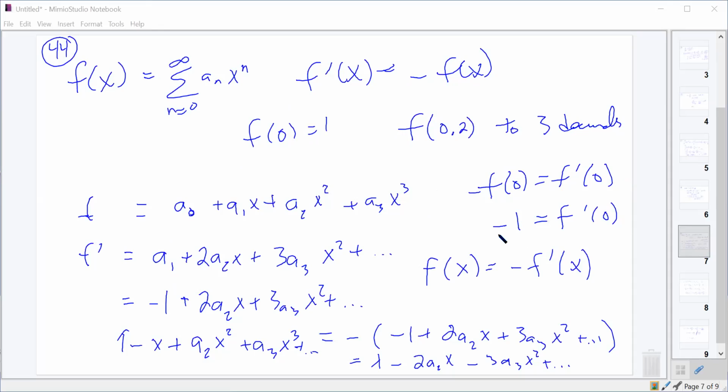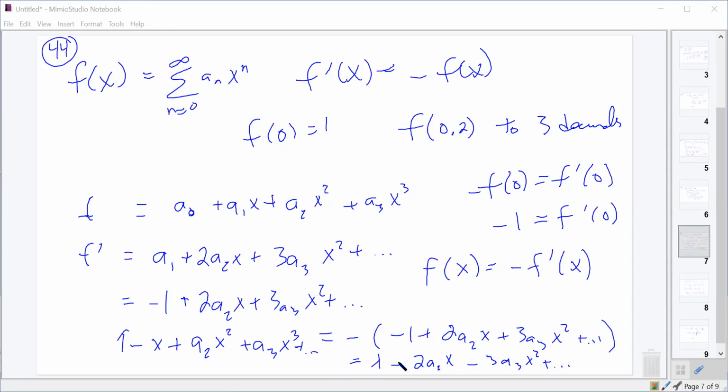And once we had a value for a sub 0 and a value for a sub 1, I wrote out each of those series. So 1, and then minus x, because that's a sub 1, and then plus a sub 2 x squared plus a sub 3 x cubed. And I just set it equal to the opposite of our derivative.